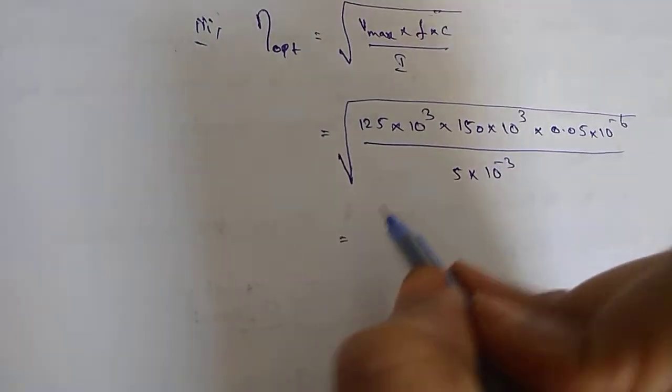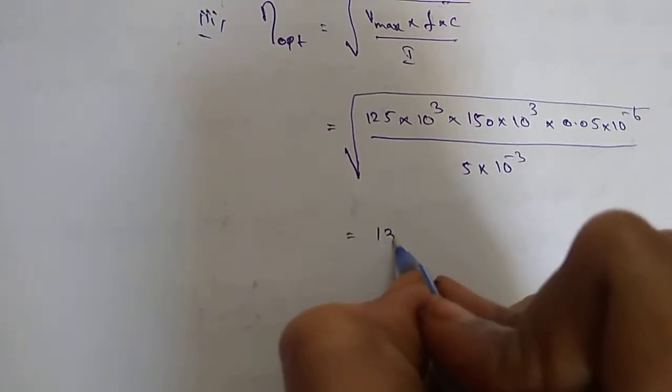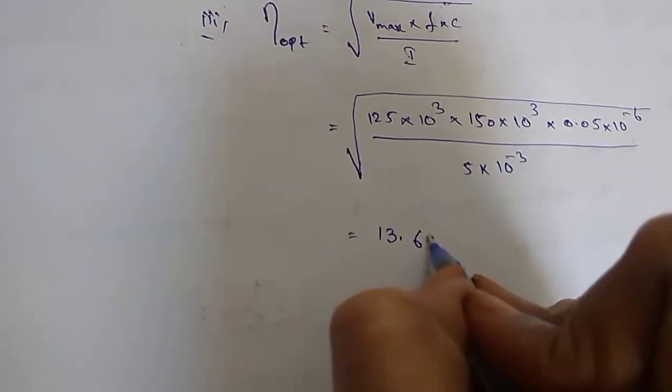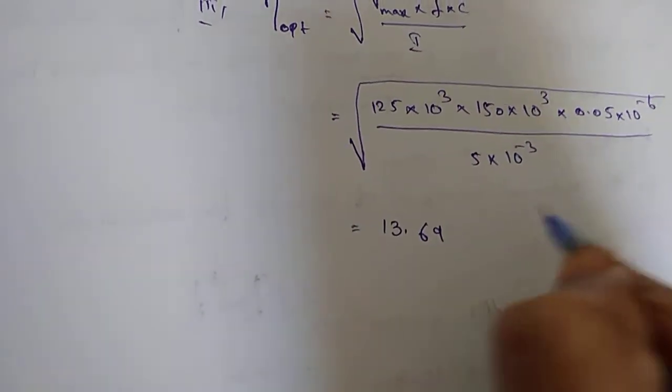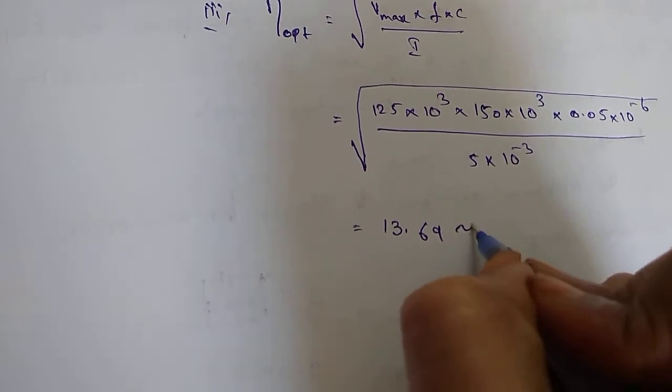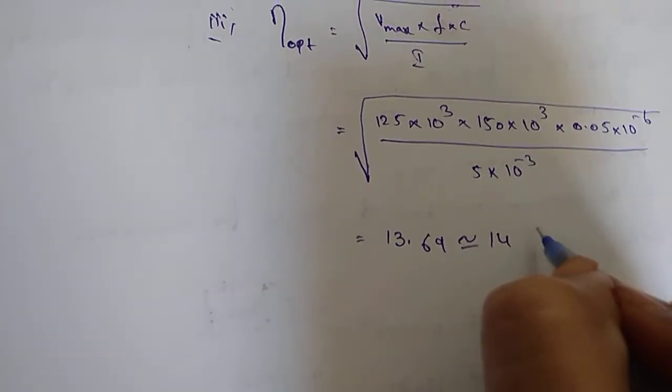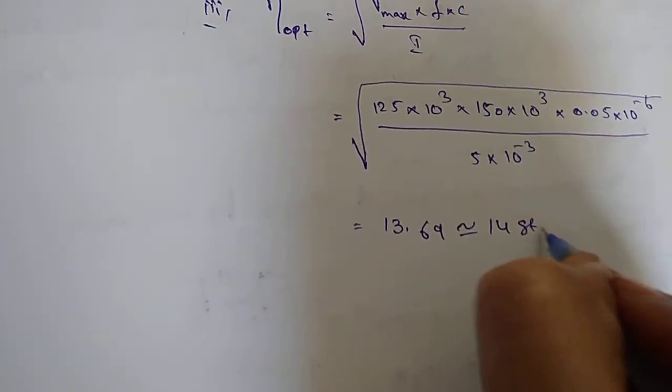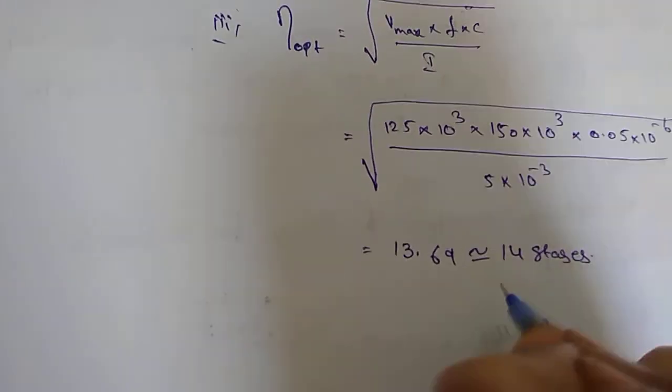After doing all the calculations, it will be around 13.9. We never have stages in fractions, so we round off to the larger value. That means 14 stages.